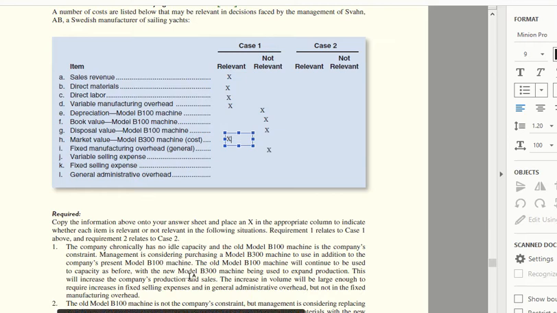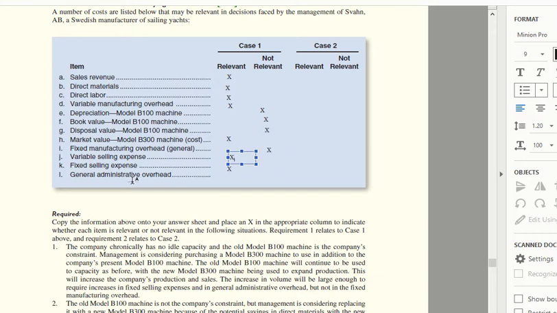Variable selling expense, what did they say about selling expenses again? Increase in volume will be large enough to require an increase in fixed selling expenses. So definitely fixed selling expenses. I would think variable would be tied to the number of production, and would also be relevant if you're increasing the volume. Like if you're paying your salespeople a certain percentage of commission, that's going to be relevant because you've increased that.